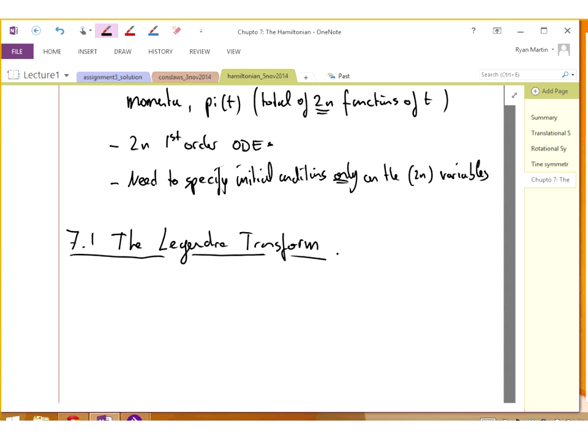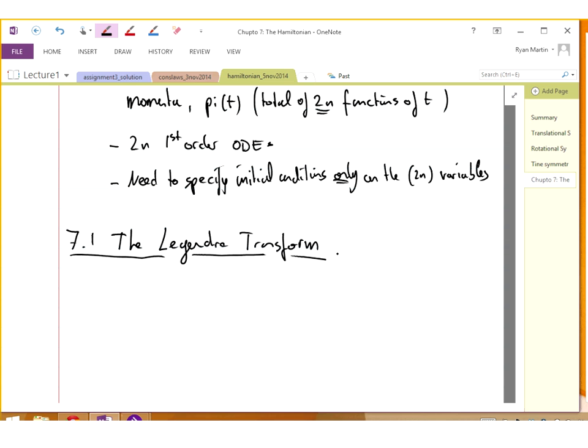Maybe you're interested in pressure and volume, maybe you're interested in volume and temperature. And so the Legendre transform is actually what relates those different calculations of energy so that you can use different quantities to calculate them. So if you Google this, you'll find probably examples that have to do with chemistry.